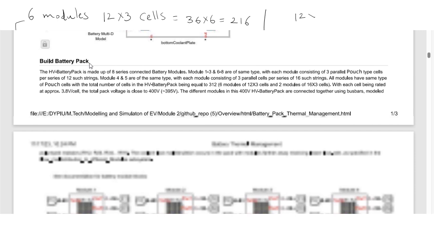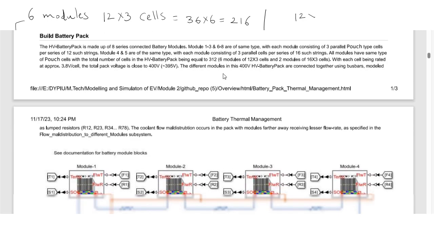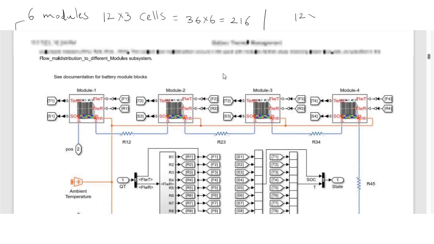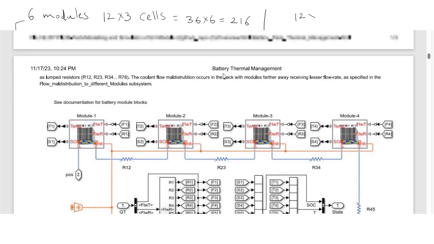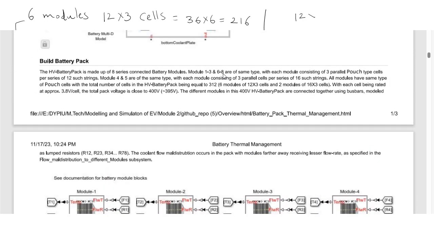So, build a battery pack. How to build a battery pack now? The HV battery pack here is made up of 8 series connected battery modules. Modules 1, 2, 3 and 6 to 8 are of the same type. So listen carefully: total 8 modules we are using.